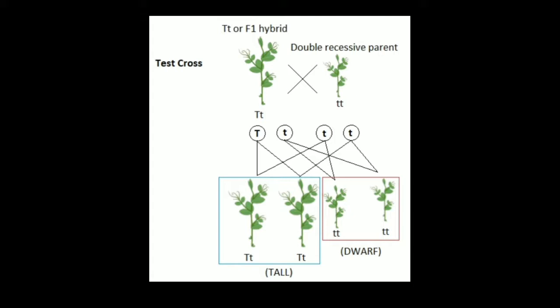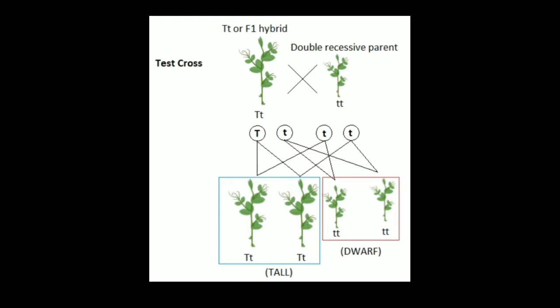Here the genotype is written, but we have to suppose that we don't know it. So we will cross it with the homozygous recessive of a parental plant, and if after crossing the plants are in an equal ratio of both characters, then we can say that the plant taken to test the genotype was heterozygous dominant.